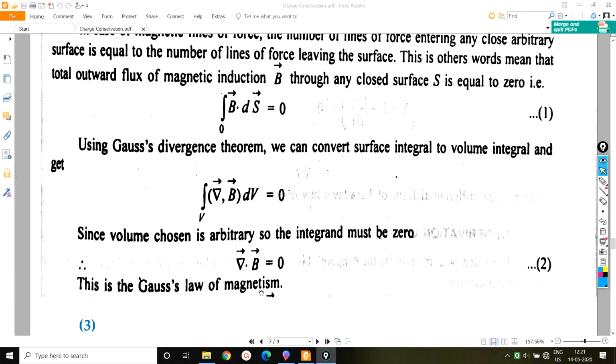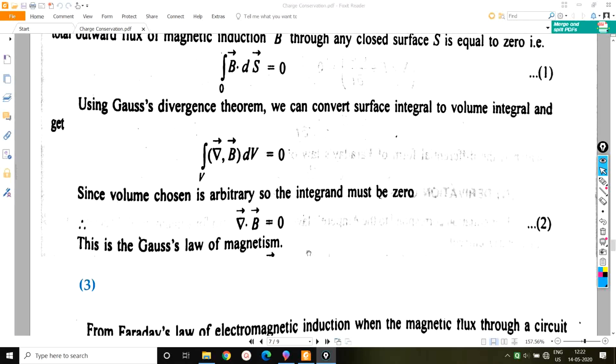So this is Gauss's law of magnetism. And remember, Gauss's law of magnetism, del dot B equals 0, represents that magnetic monopoles do not exist.